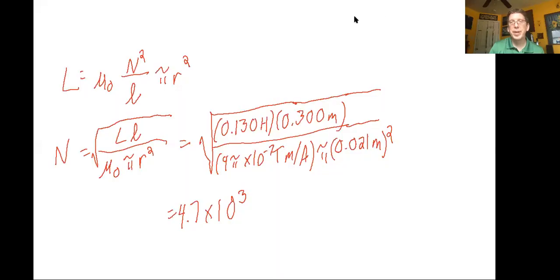So we'll define the first coil as our... we'll say delta I1 is negative 12.0 amperes.